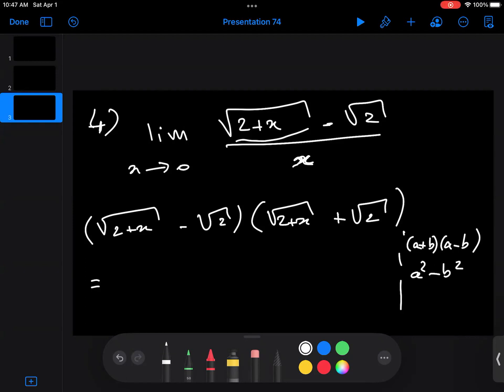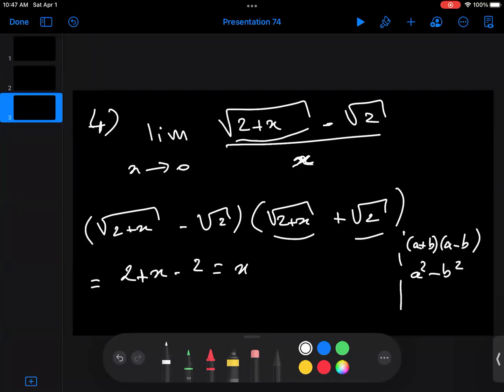So that's what we have here. The result of that is this square minus this square. So it is 2 plus x minus 2. So this is x, okay?